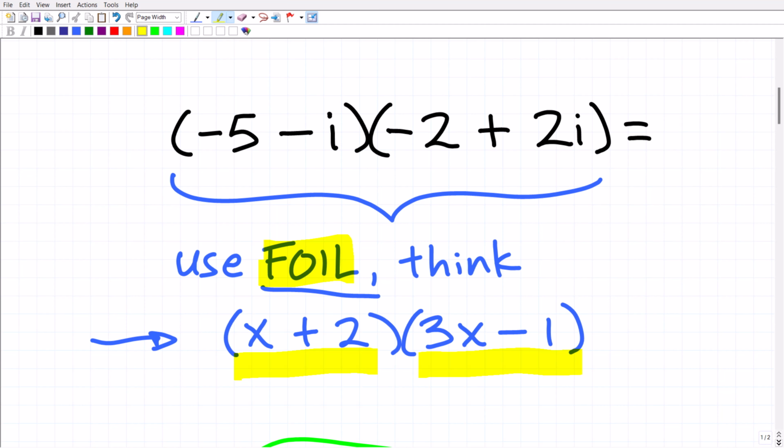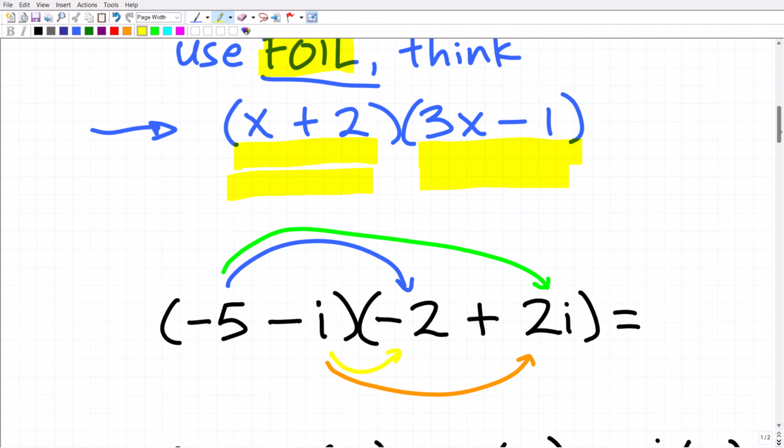Now, you don't have to remember that acronym, but the main idea here is that you need to know how to multiply two binomials in order to do this problem. Okay, so I'm going to go ahead and use FOIL here because it's a great little acronym. It just shows you the steps that you need to take to multiply two binomials, and that's what we need to do here to get the answer.